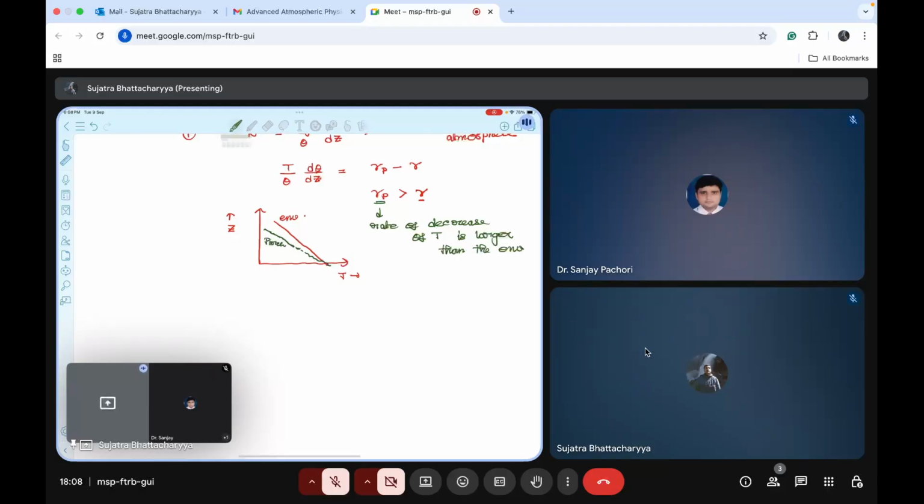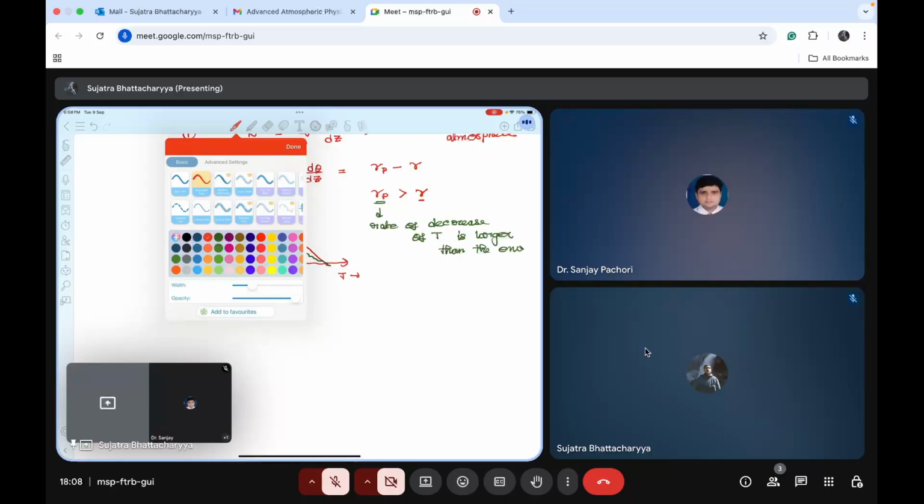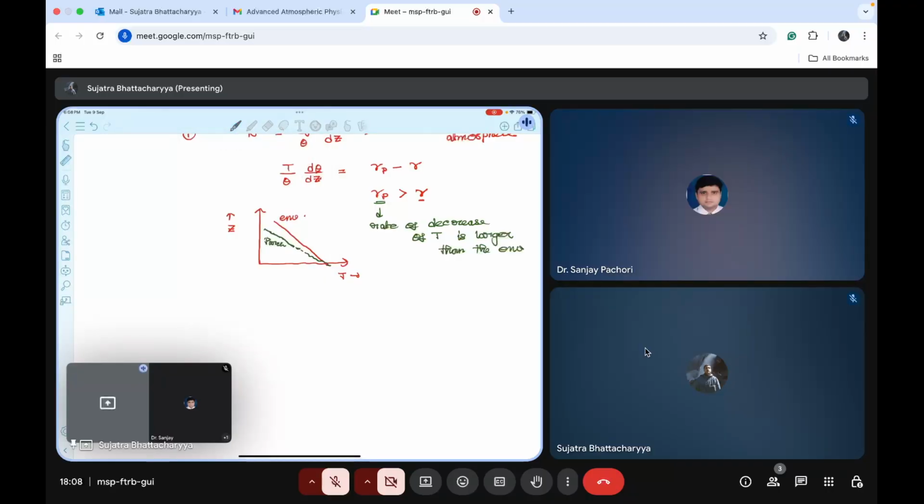Now, take any level. Okay, let's change the color. Take any level, let us say this level, one particular height. Look at parcel temperature. This is T of P. Look at environment temperature.